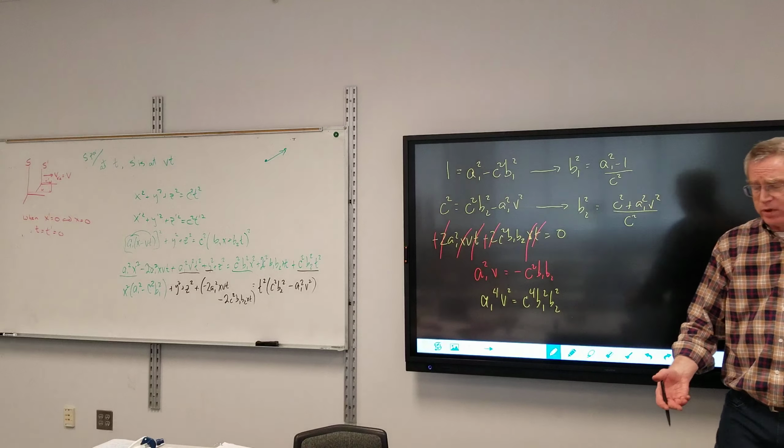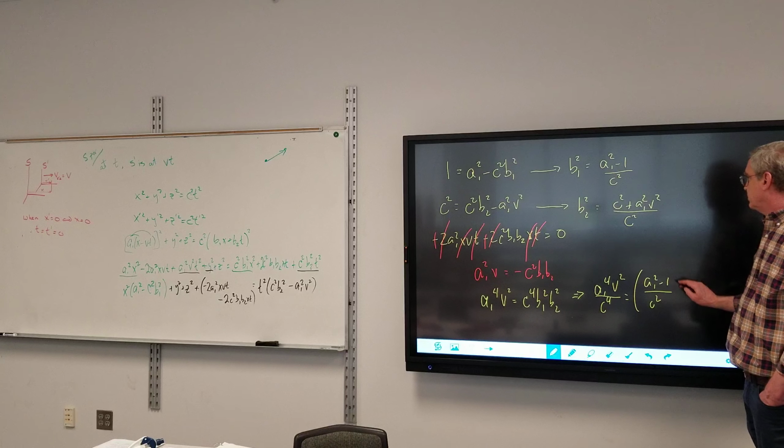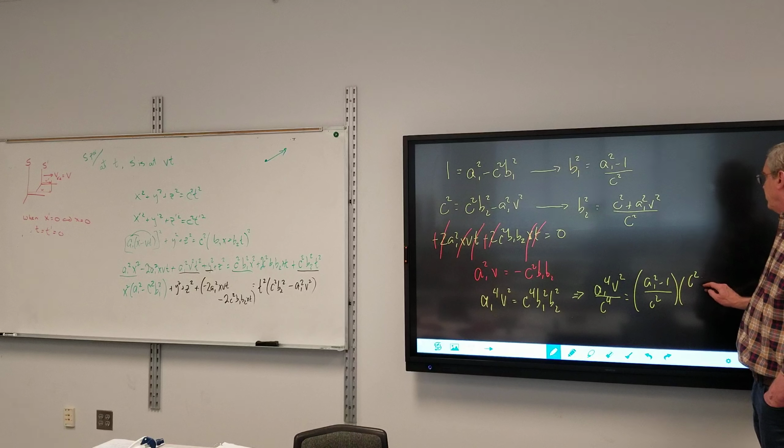So therefore, a1 to the fourth v squared over c to the fourth equals a1 squared minus 1 over c squared times c squared plus a1 squared v squared over c squared.